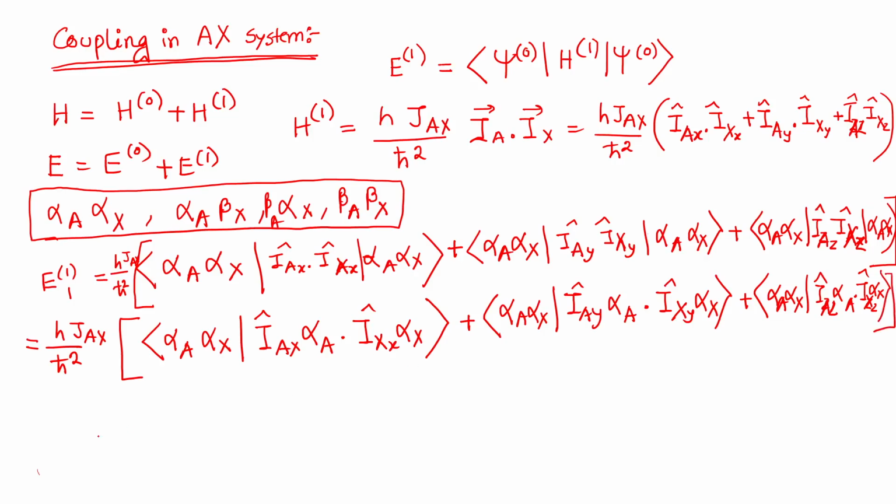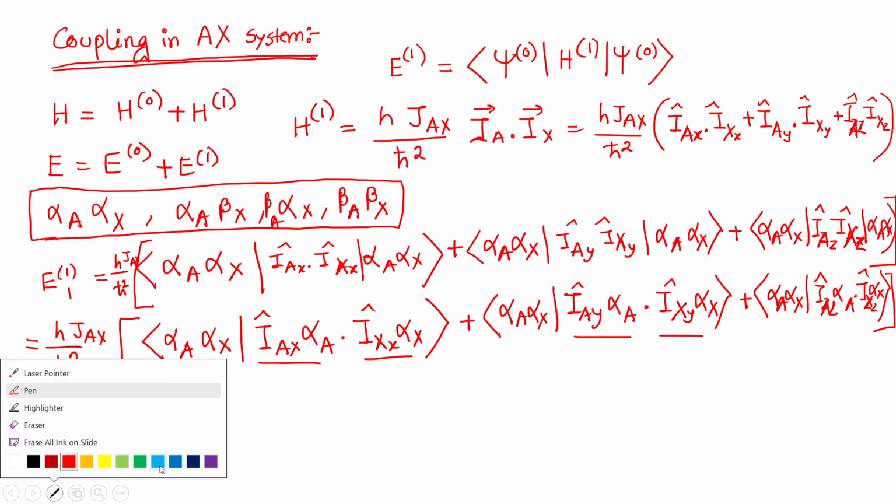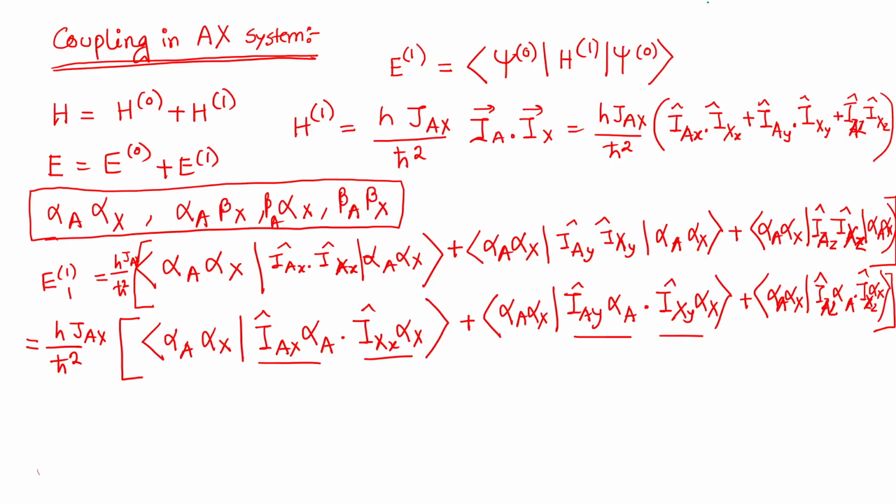Now we are going to need these four eigen relations, which we don't know, so let us write them once. Ix, when it operates on alpha, gives beta, not pure alpha, with a factor of H cut by 2.